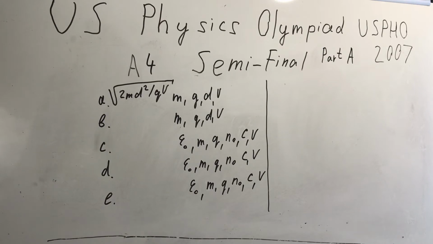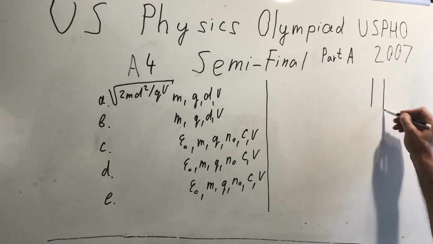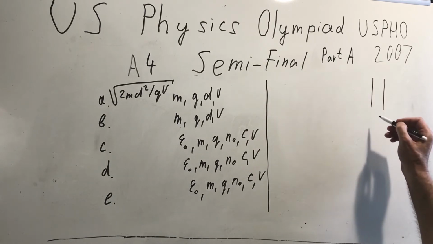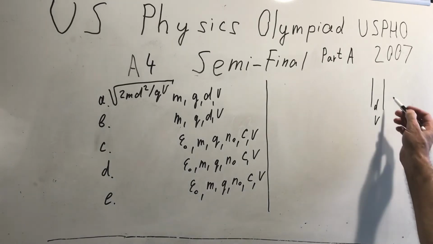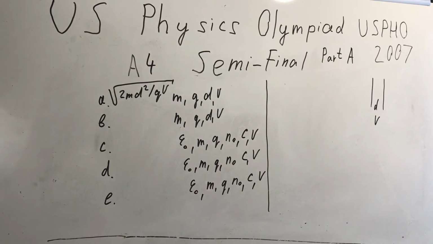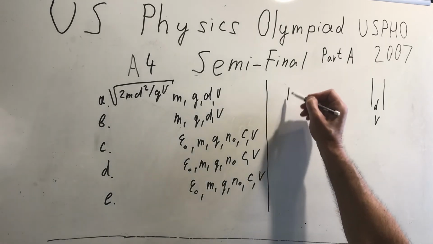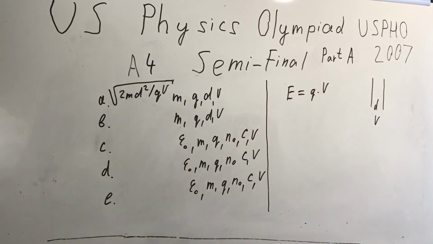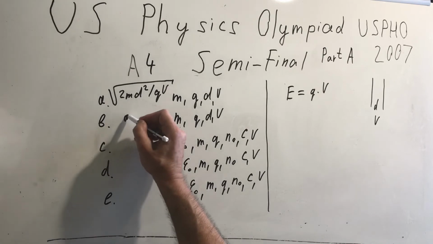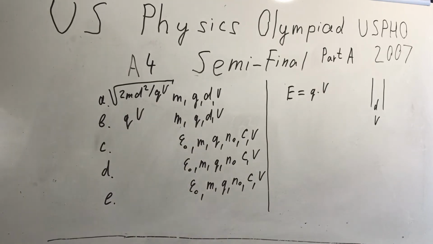But this is a simple question because we have a capacitor with a potential difference V and distance d. So we can calculate the total energy taken by these balls. Total energy equals just charge multiplied by potential difference. That's the solution.